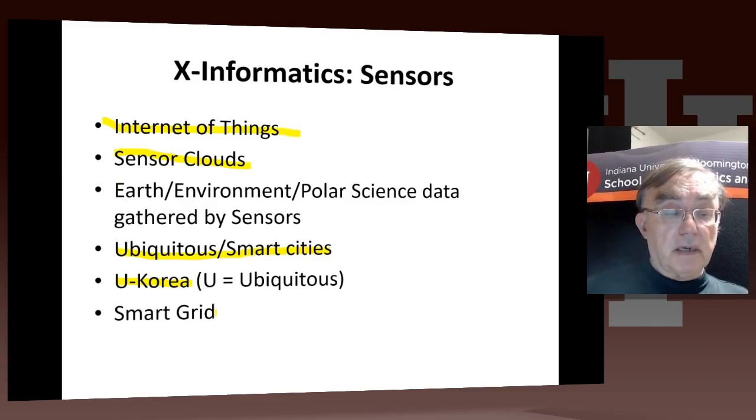And the final example, which is slower to do in the US because it requires working with established infrastructure, namely the electrical utility infrastructure, the so-called smart grid, where again, deploying sensors throughout the grid can help control power usage, identify faults more quickly, and so on. So the smart grid is correctly believed to be very important. And again, the cloud will process all this data. Clouds are very appropriate for lots and lots of things being gathered together.